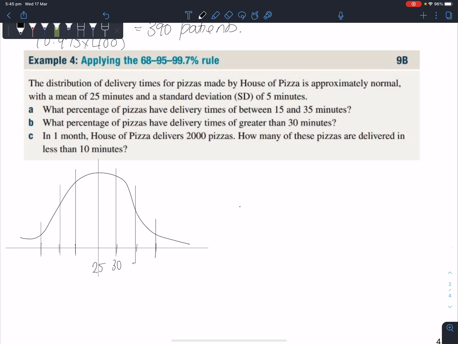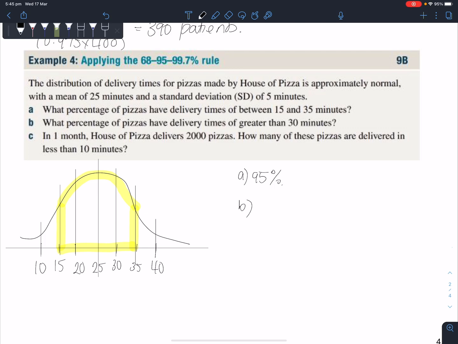So that's 30, 35, 40, 20, 15, and 10. Okay. What percentage of pizzas have a delivery time of between 15 and 35 minutes? So 15 to 35, well, that's within 2 standard deviations, so therefore that one is just 95%.